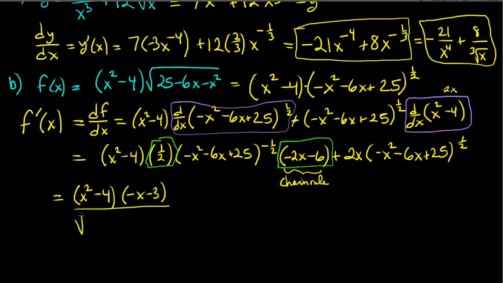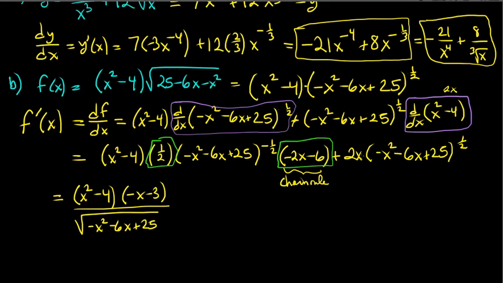This is going to be divided by the square root of, I'll leave it as negative x squared minus 6x plus 25. Originally was 25 minus 6x minus x squared. Again, that's just backwards. We like to put the biggest power in front, even though there's the negative coefficient there.